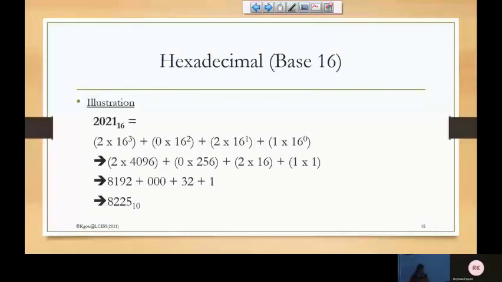We add those numbers up, 8,192 plus 0 plus 32 plus 1 to give you that number there, 8,225 in base 10. Notice now how the number 8,225 is represented in base 16 using a significantly smaller appearing number.